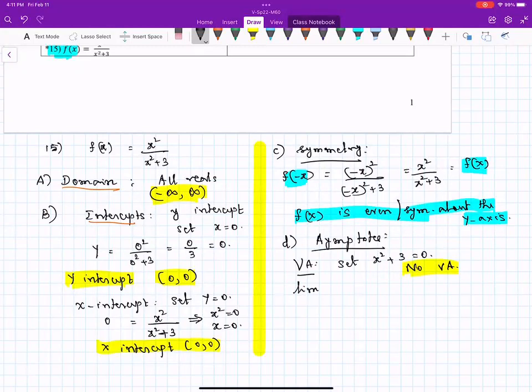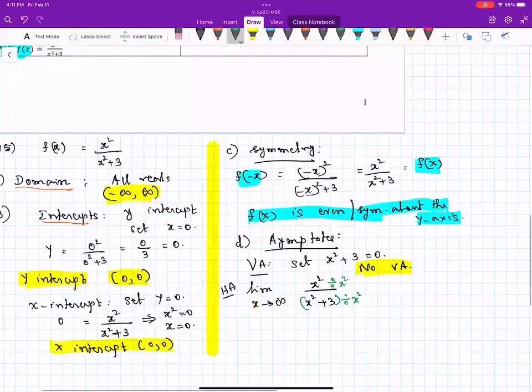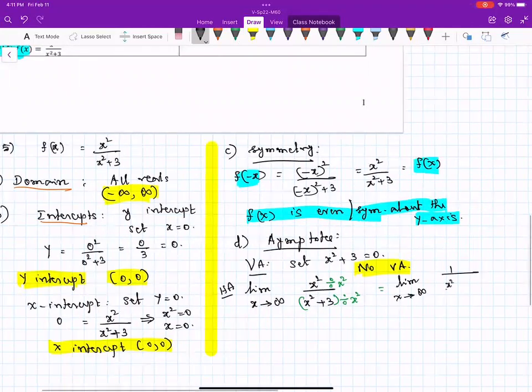To find the horizontal asymptote, we have to find what happens to x squared over x squared plus 3 as x approaches infinity. To do that, you divide the numerator and the denominator by the highest power of x in the denominator. The limit as x approaches infinity of 1 divided by 1 plus 3 over x squared.